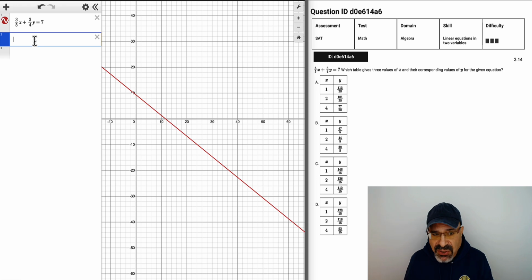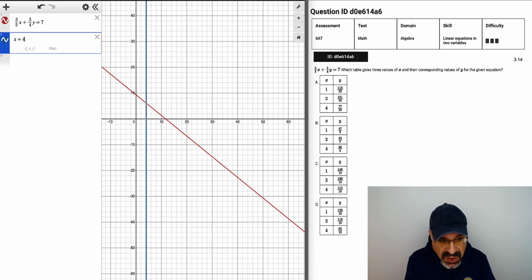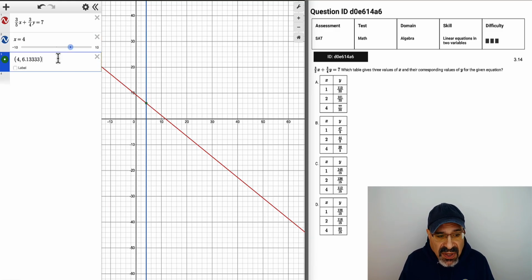And then the intersection between these two lines is going to be the y value for whatever that x value is. So let's type x is 4. Why not? All right, so we have a bunch of different possibilities here. So we can see when x is 4, I just hover the mouse right over this point, I can see that y is 6.133, so I can go ahead and make that a point.